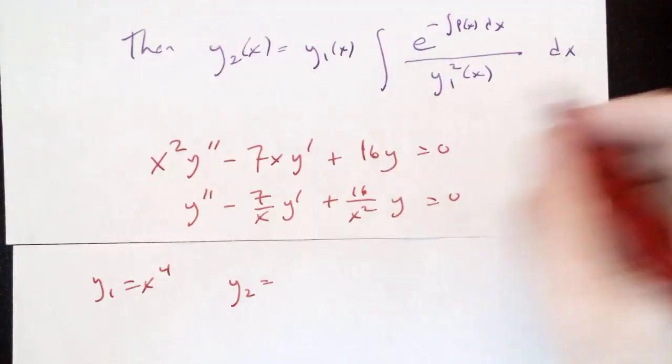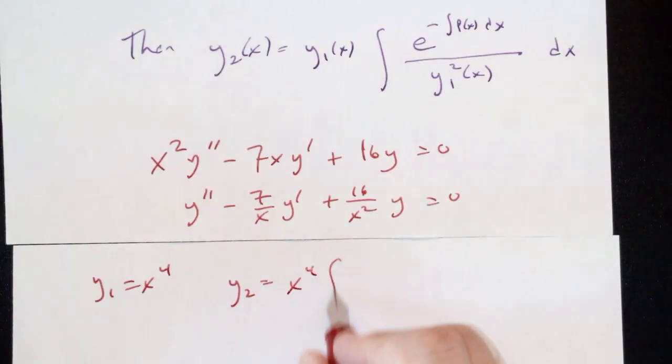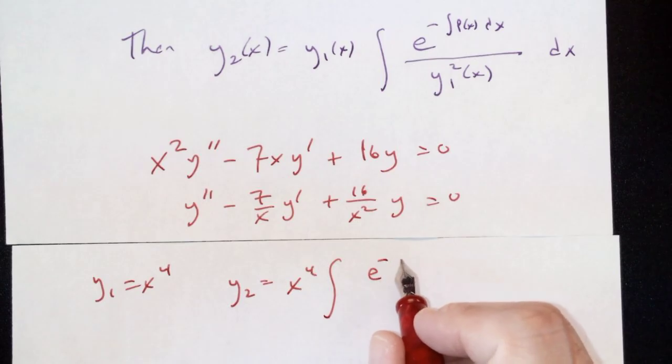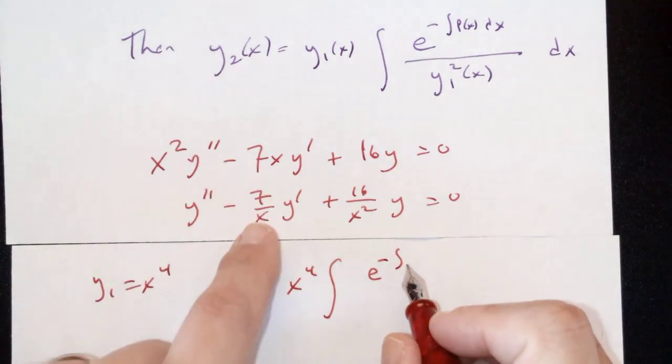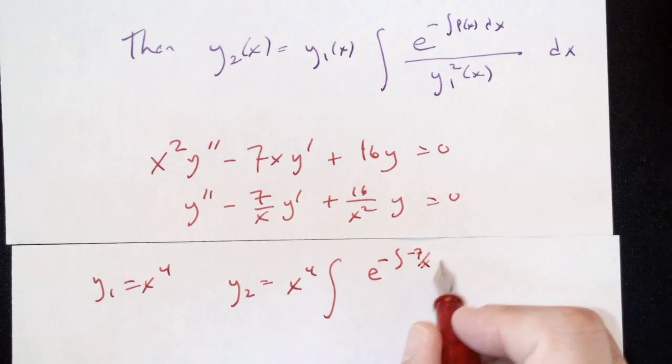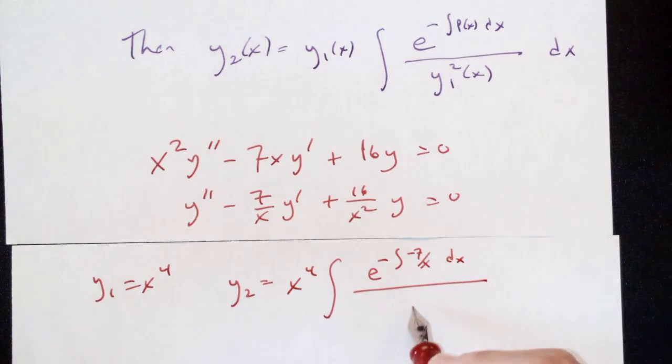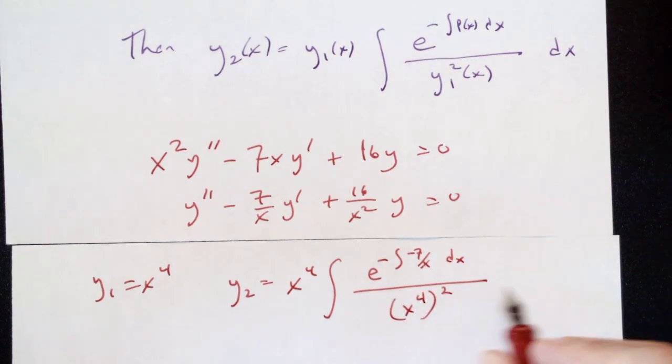y2 equals, according to this, x to the fourth times the integral of e to the negative integral p of x, minus 7 over x dx, all over y1 squared, x to the fourth squared, integrate with respect to x again.